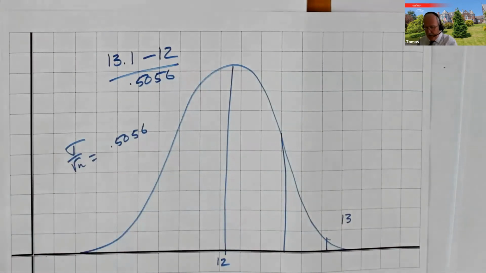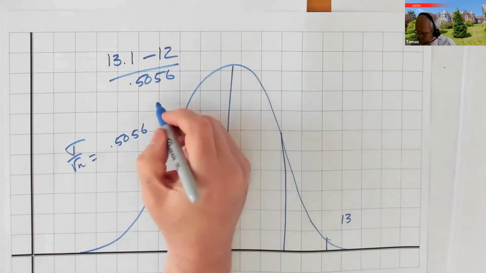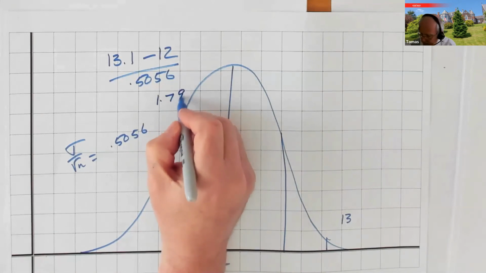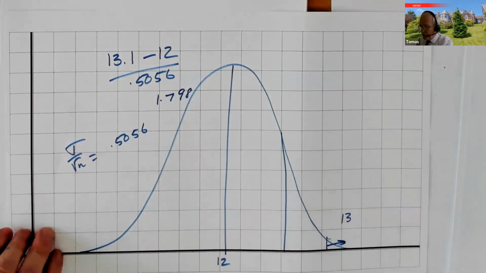So 1.1 divided by 0.5056 is 1.798. And I work out then what percentage are above that or below that. So that's how those questions are done.